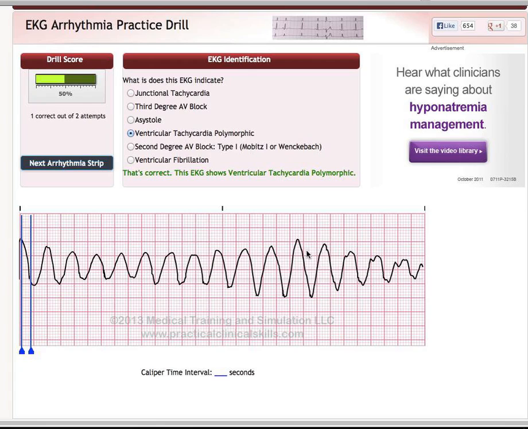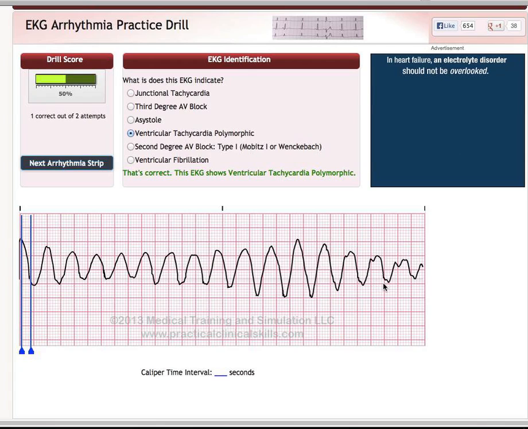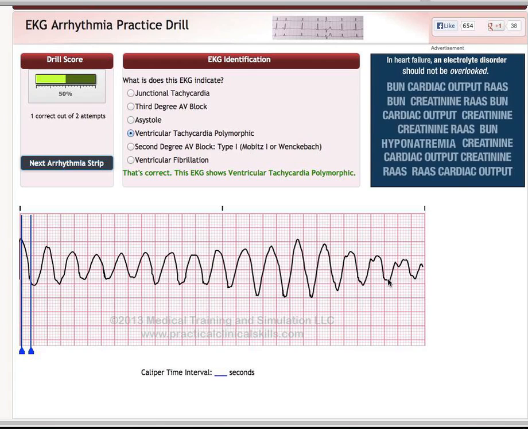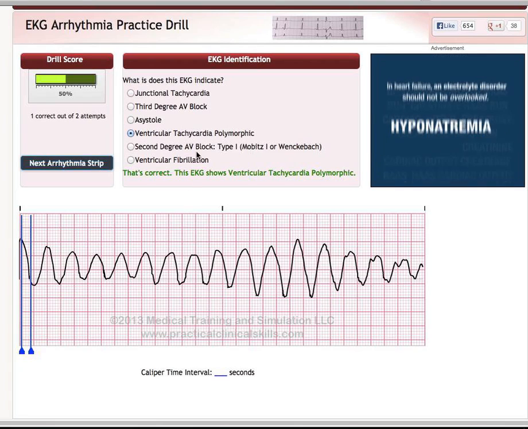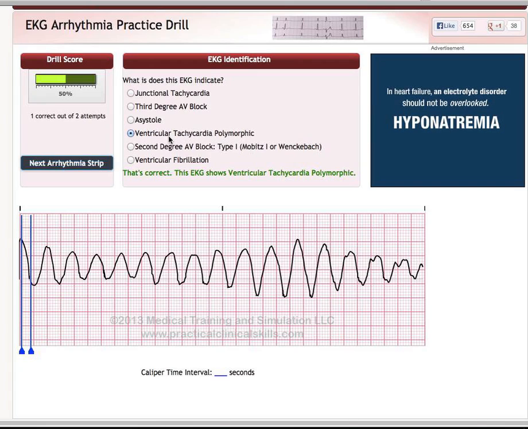However, when you get farther over here, it looks like you have more of a defined rhythm. They're saying that it's a polymorphic tachycardia. So remember, when it's polymorphic, it means the rhythm is beginning from more than one area in the heart. So it looks like this is one area here, then it switches, and then it switches again. So I don't agree, but that's what they're going to call it.